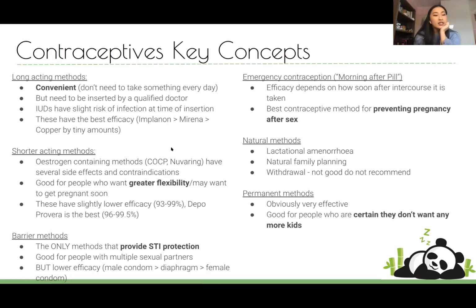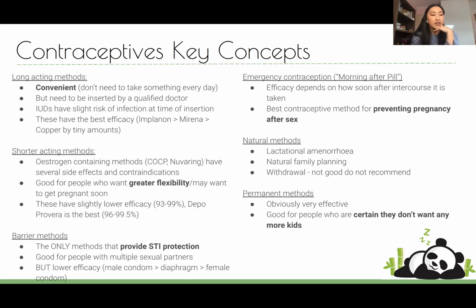Your shorter acting contraceptive methods, 2 pills and then 2 other things. So your pills are your combined oral contraceptive pill and your mini pill. And the difference between those is in the hormones that they contain. And then you also have the vaginal ring or the Nuva ring, and you have the Depo-Provera injections, which we'll talk about specifically.